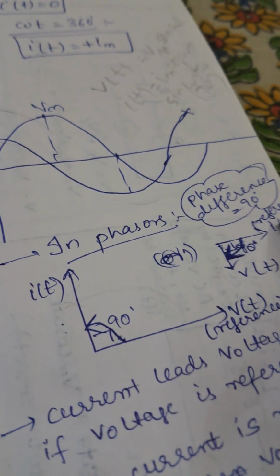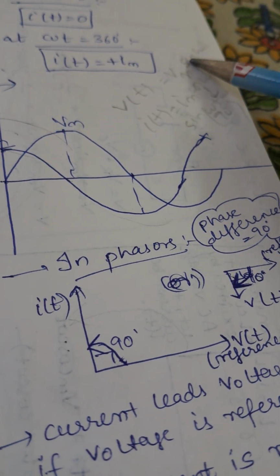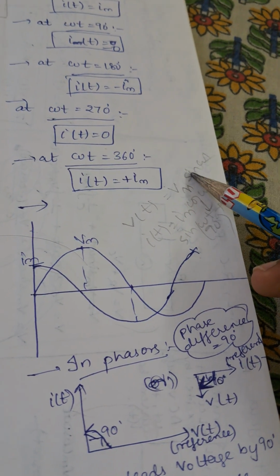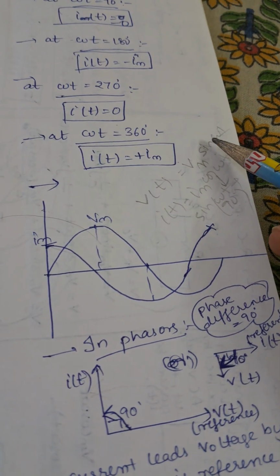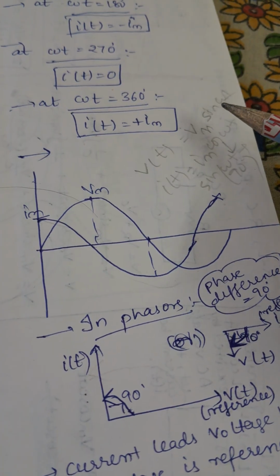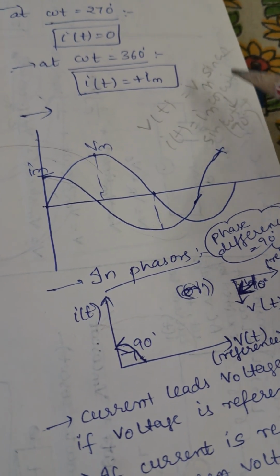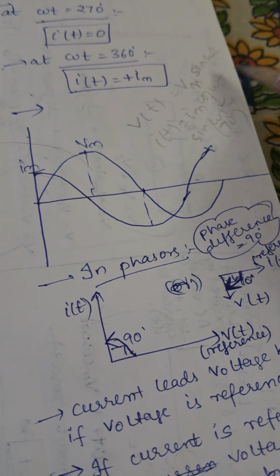Now when current is the reference, if current is sine, then voltage will be cos, which means sine of omega t plus pi by 2. Then minus 90 will be there.